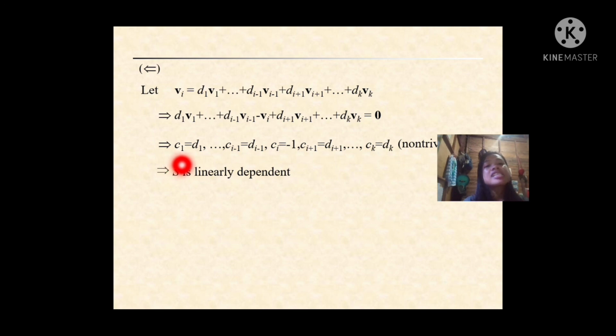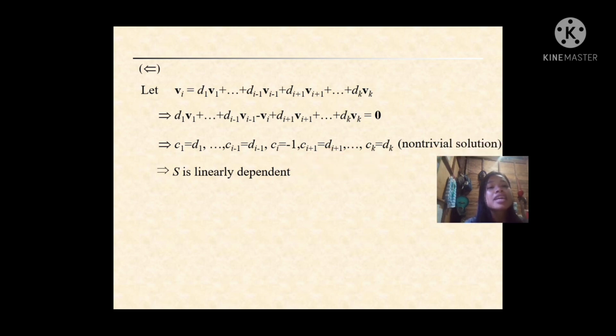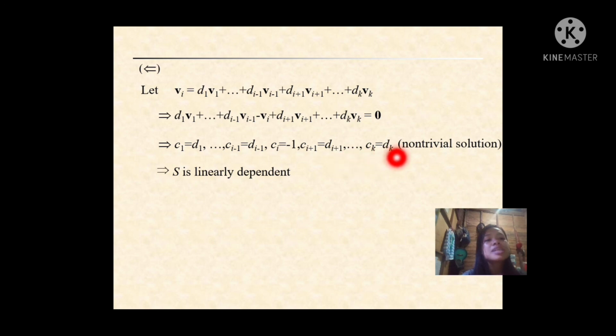Then c sub 1 equal to d sub 1, c sub i minus 1 equal to d sub i minus 1, c sub i equal to negative 1, c sub i plus 1 equal to d sub i plus 1, and c sub k equal to d sub k. This is a non-trivial solution. It has many solutions, so the spanning set is linearly dependent.